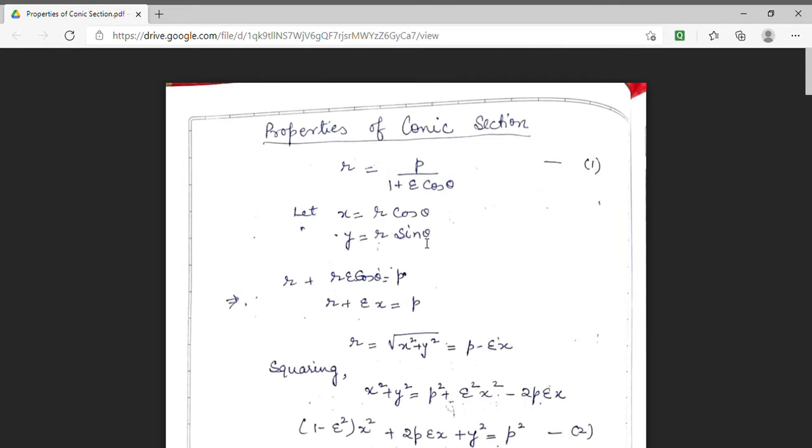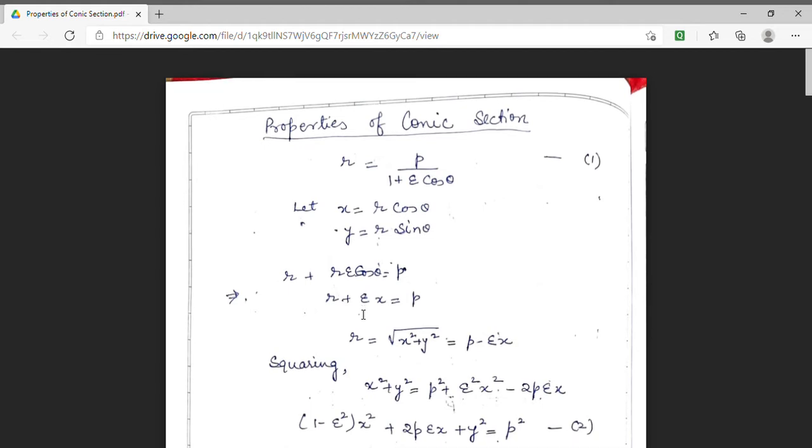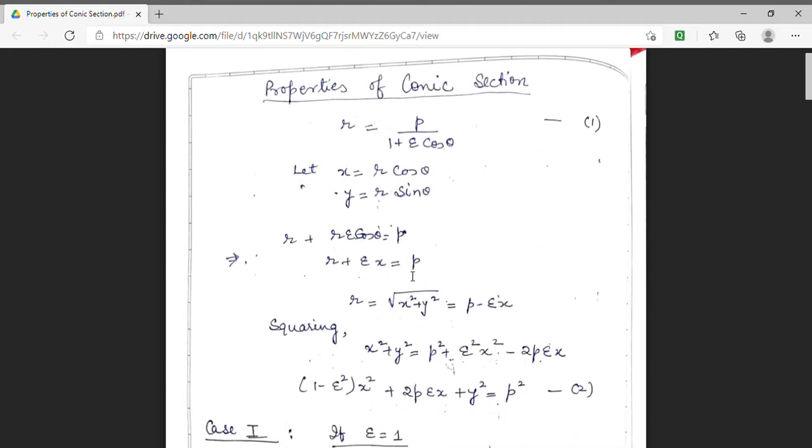So my first equation, which is the equation of conic section, is r plus r epsilon cos theta equal to p. Here r cos theta is x, so the expression comes out to be r plus epsilon x is equal to p. So r will be p minus epsilon x.